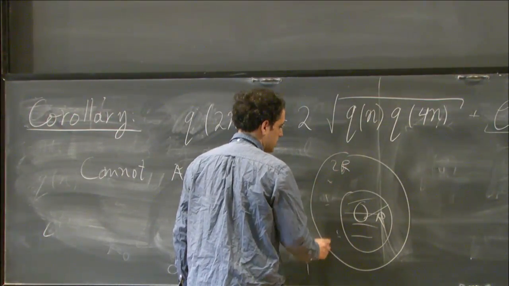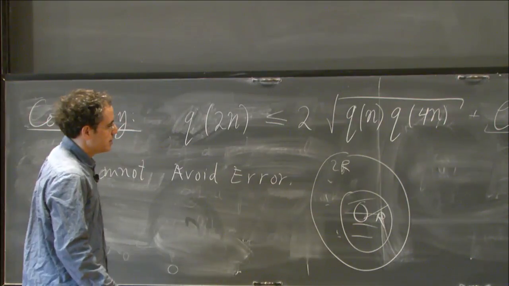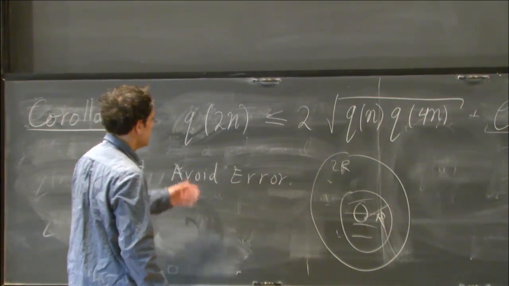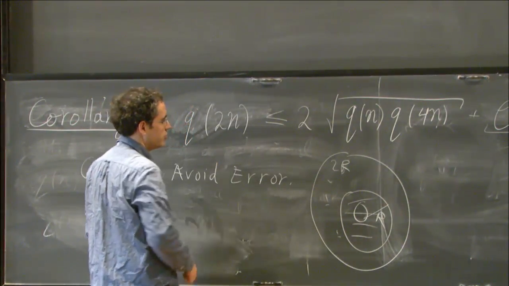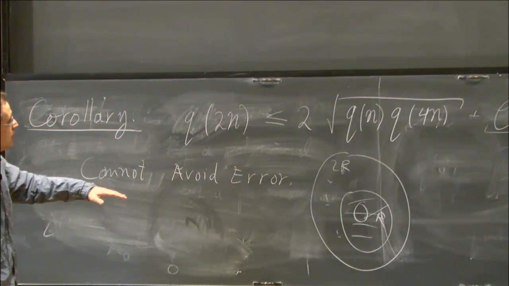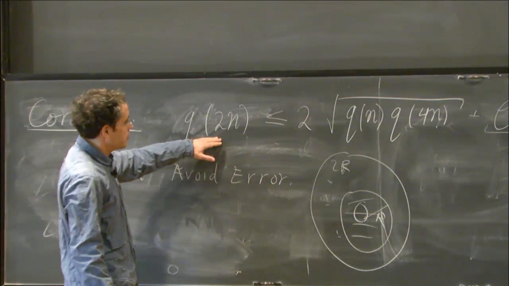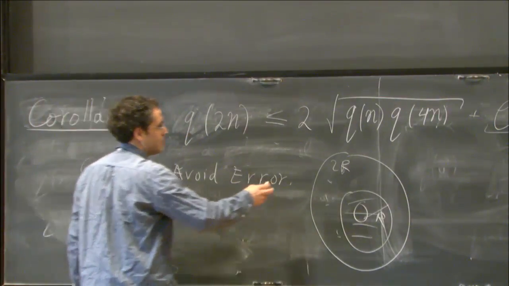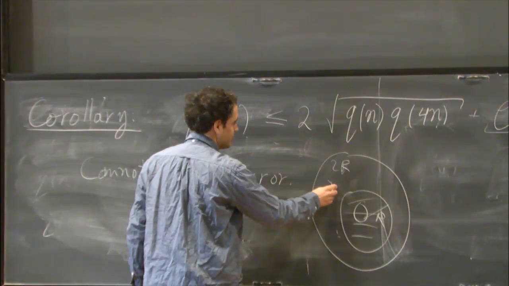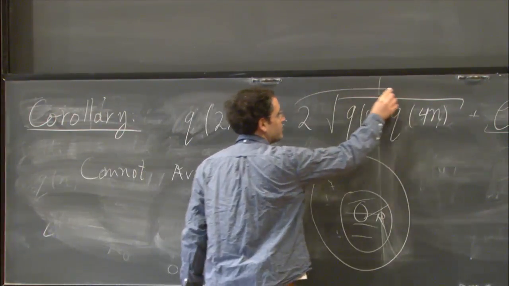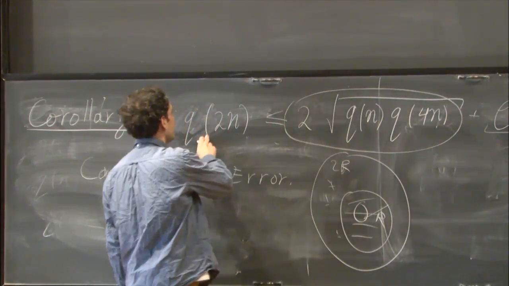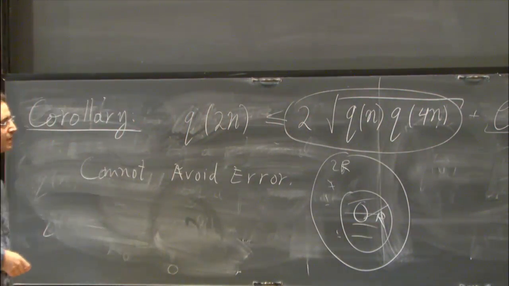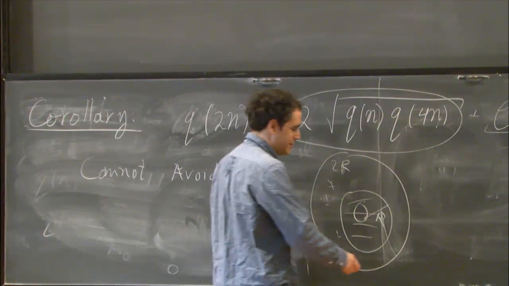Such a function extends to a harmonic function everywhere, and it cannot satisfy this inequality, because the right-hand side, the main term, will be 0, but the left side will not be 0. So I must have some kind of an error.